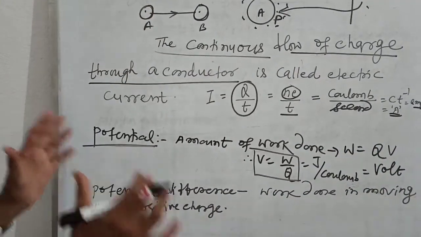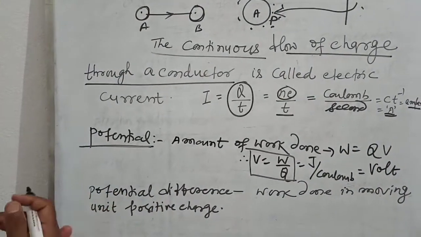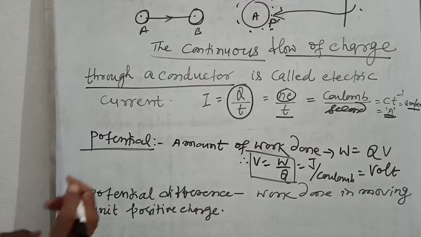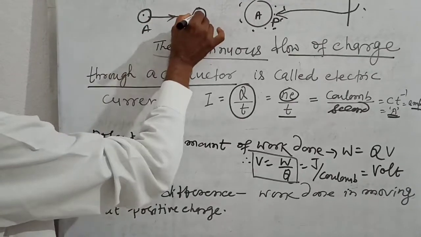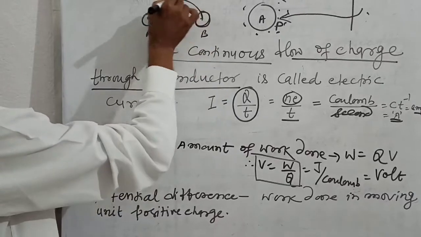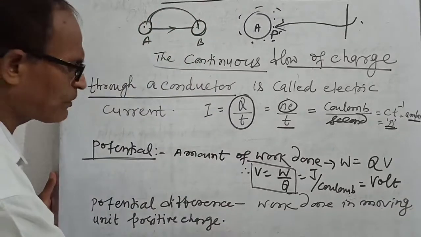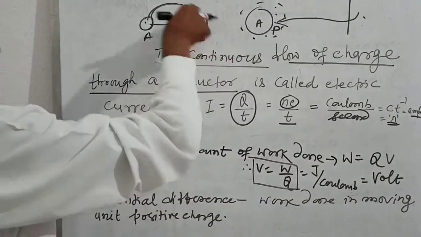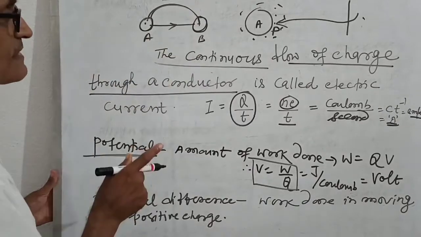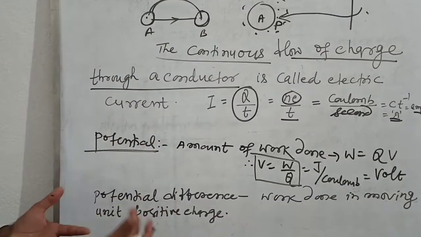Now potential difference is also a term. It is the work done in moving unit positive charge from one point to another point. The amount of work done in bringing unit positive charge from one point to another is called potential difference. The unit remains the same.